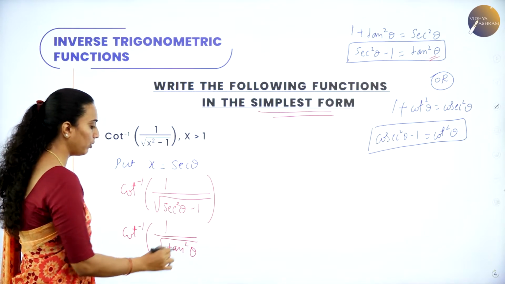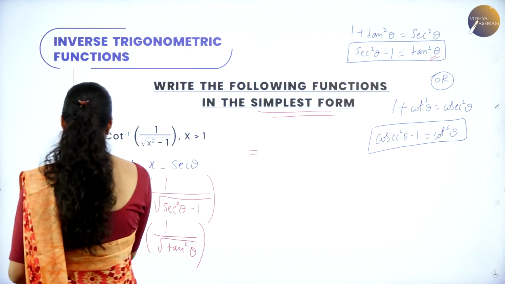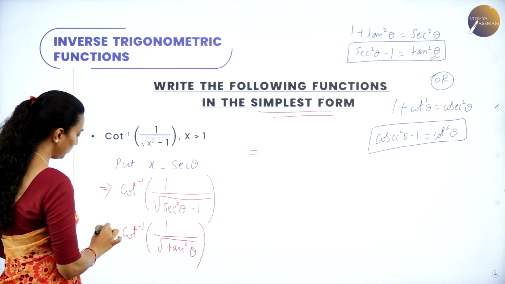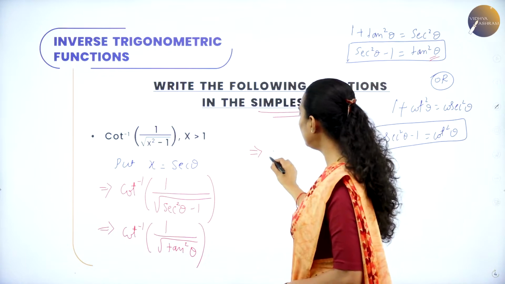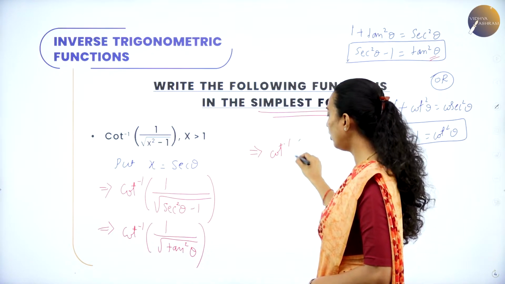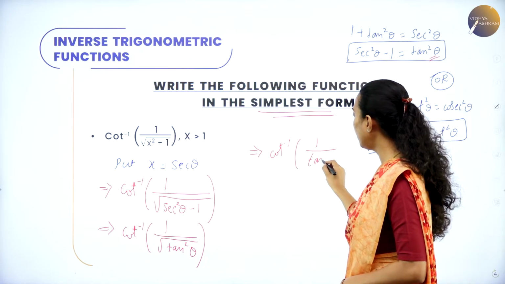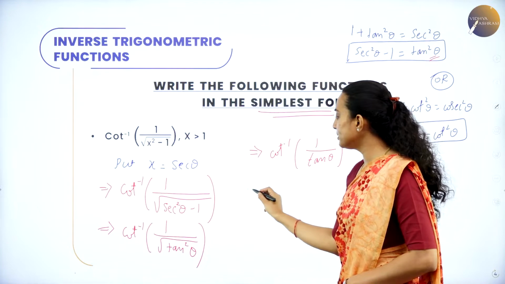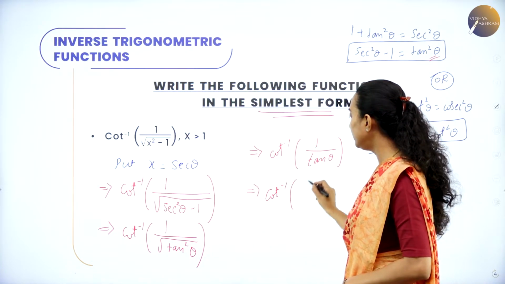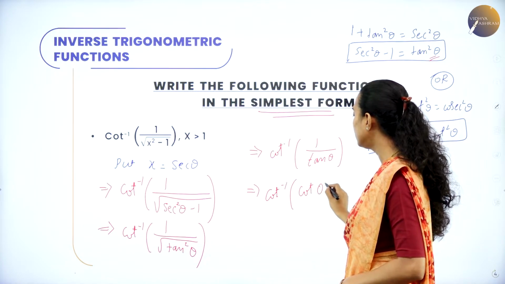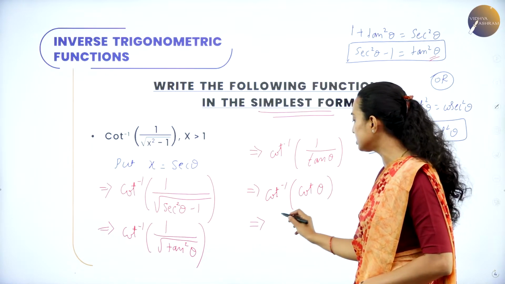Now, square and square root will go. What are you going to remain with? So, which implies cot inverse of 1 divided by tan theta. Right. So, you already know what 1 by tan theta is. It is cot theta. Correct na? So, cot inverse will go. You are going to remain with the value, which is nothing but theta.